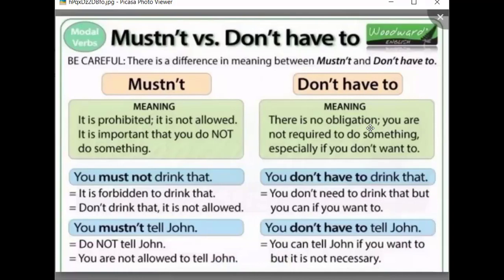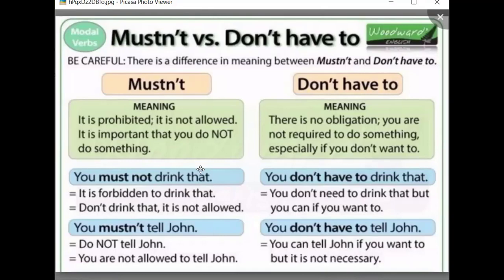Okay, so let's read them again. When you are saying mustn't, it is prohibited, it's not allowed. But when you are saying don't have to, there is no obligation, you are not required to do something. It is important that you do not do something when you are using mustn't. And here there is no obligation, you are not required to do something, especially if you don't want to. Okay, so remember this.